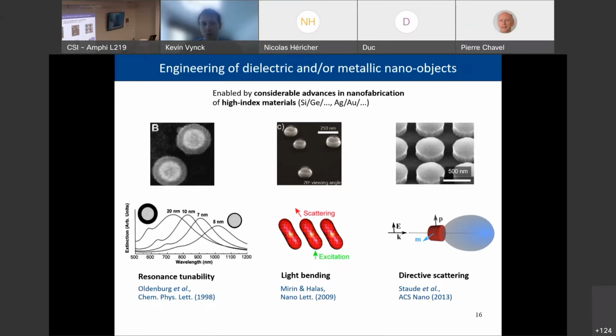In this case, you actually rely on the interference between the different Mie resonances in the particle to obtain this functionality. So again, the message here is that already at the level of one nano object, you can have a lot of interesting functionalities by playing with the different materials of the object and by playing with their shape. You can have strong scattering and you can control the directions where the light will be scattered.